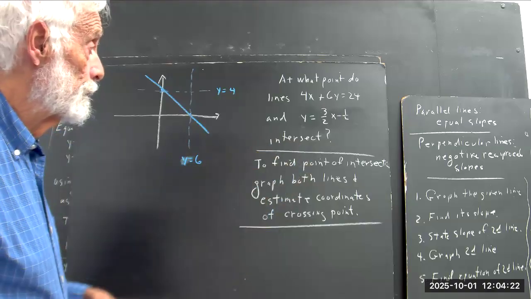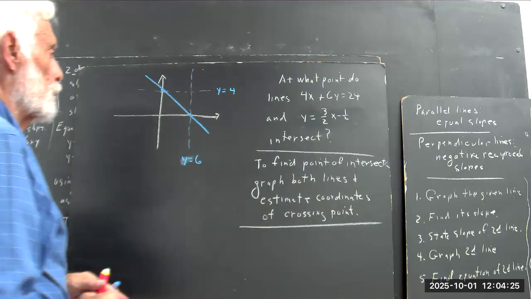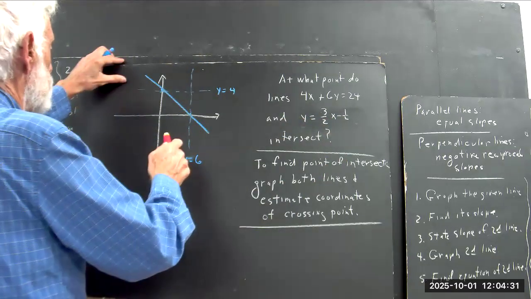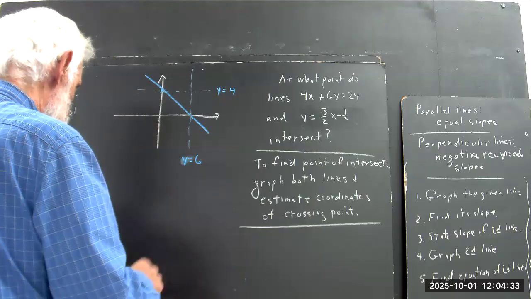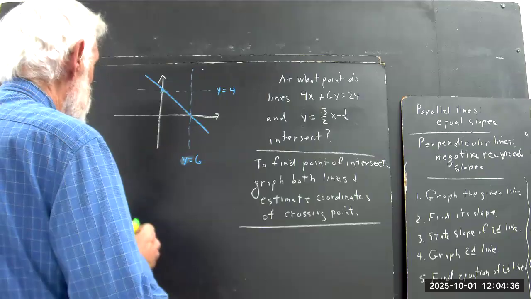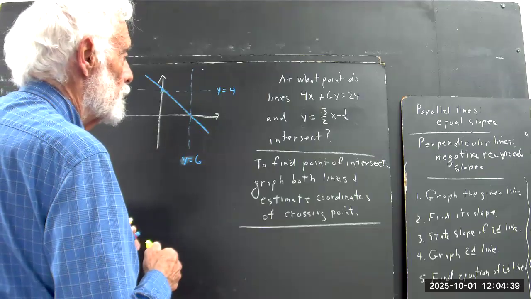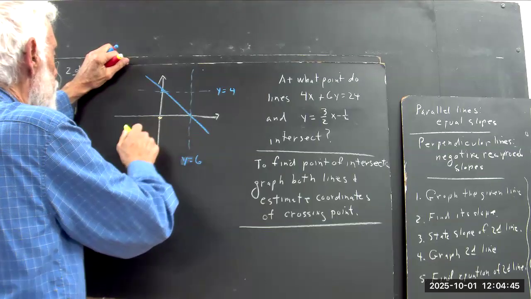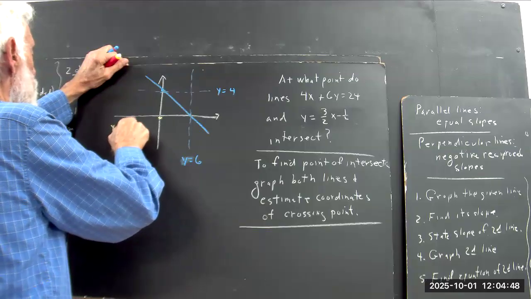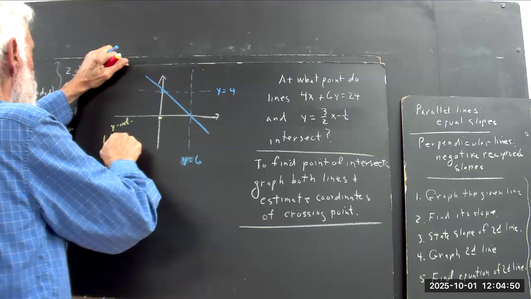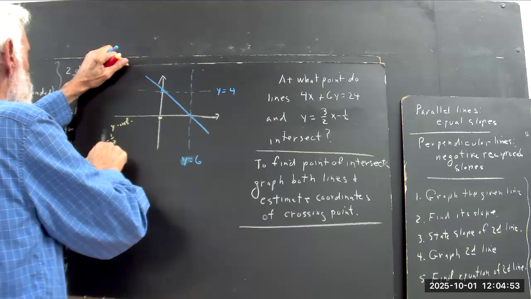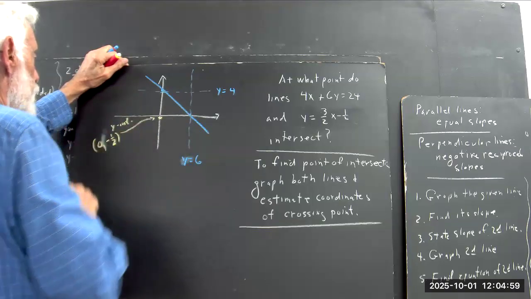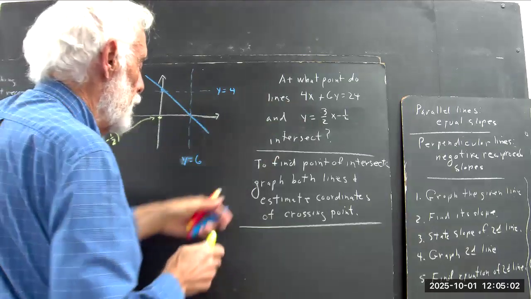The other line had a slope of 3/2 and went through the y-axis at -1/2. So the y-intercept is at (0, -1/2), and it has slope 3/2.